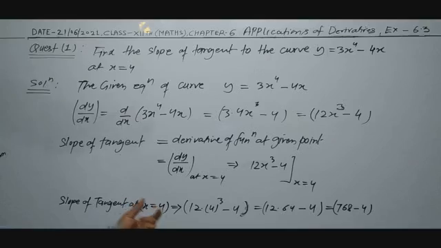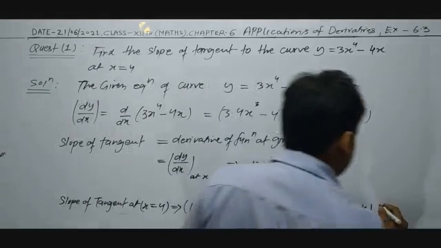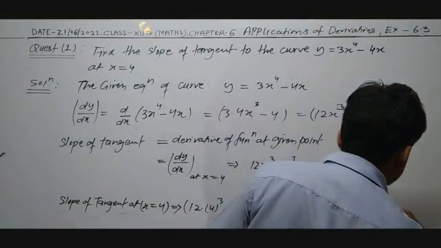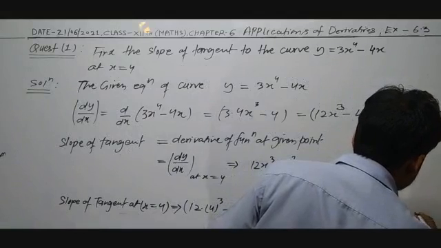So dy by dx at x is equal to 4 is 764. 764 is the answer.